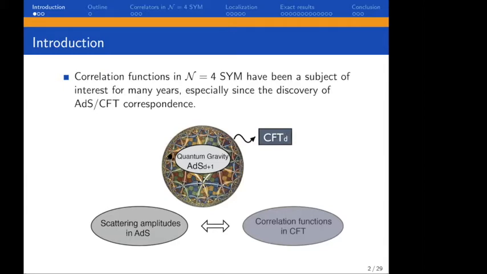Briefly, the correspondence says that a quantum gravity in the AdS space is equivalent, or dual, to a conformal field theory on the boundary. Then physical observables, such as scattering amplitudes in AdS space, are equivalent to the correlation functions in the dual conformal field theory.